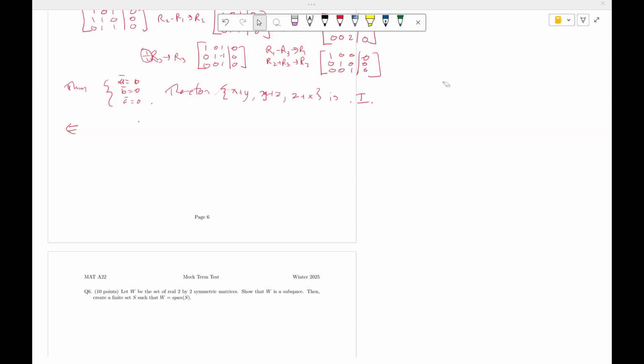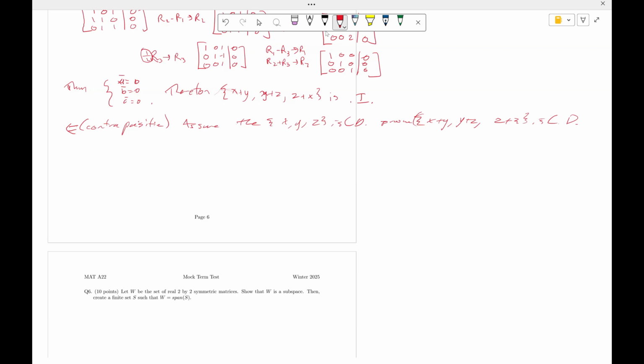To prove the reverse direction, we are going to prove the contrapositive. To do this, we assume that the set x, y, z is linearly dependent, and we want to prove the set x plus y, y plus z, z plus x is linearly dependent.